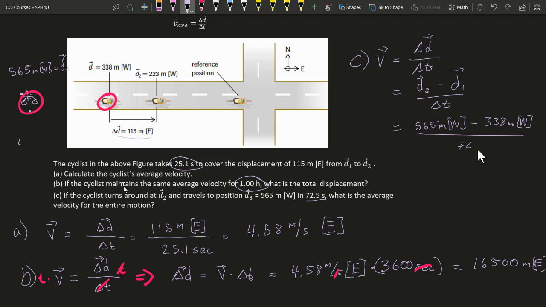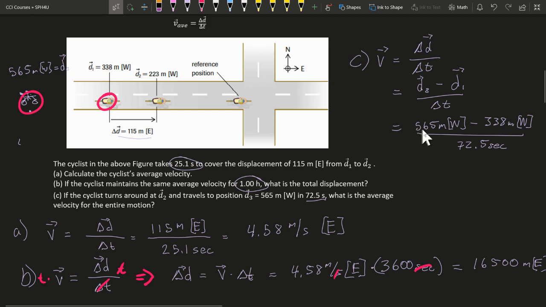So, 72.5 seconds. All right. As you can see here, both of these are west. Since they're both west, this is a one-dimensional vector subtraction, and so we don't have to overcomplicate it.